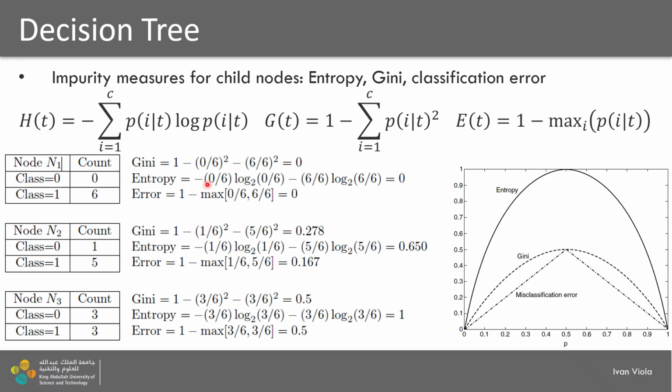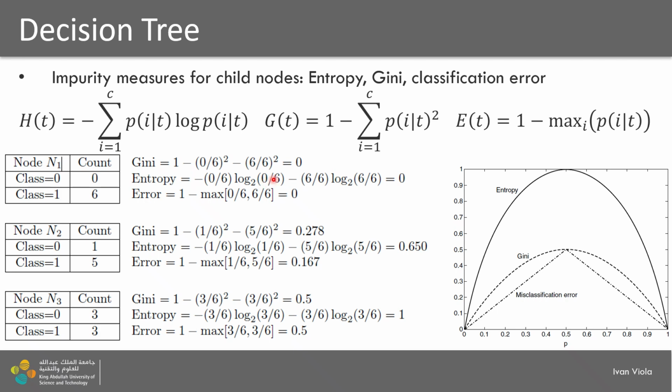So we can see this measure, the entropy, in action. For example, if we have 0 elements out of 6 in the node, this will become 0. The logarithm of 0 would be minus infinity. However, this function has continuity at 0, so we define the multiplication 0 times log 0 as 0.